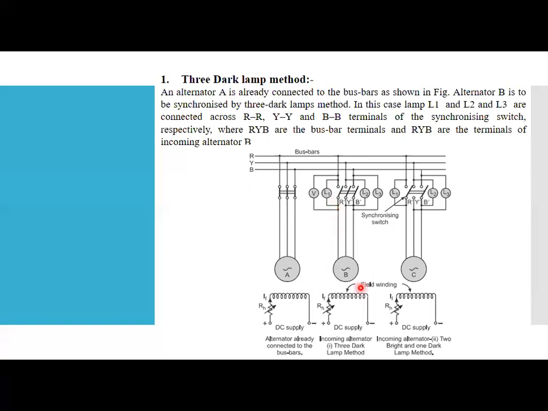This is the bus bar R phase. So my lamp's one terminal is connected with the bus bar R phase, and the other terminal is connected with the alternator R phase.